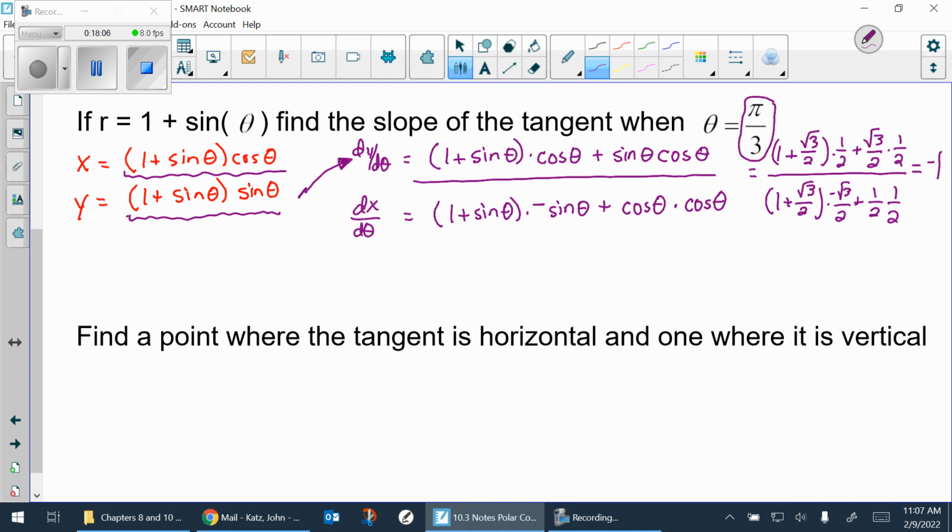So if I multiply this out and simplify it a bit, I think I would get cosine of theta plus sine theta cosine theta plus sine theta cosine theta, and I want that to equal 0 because that's going to be a horizontal tangent.